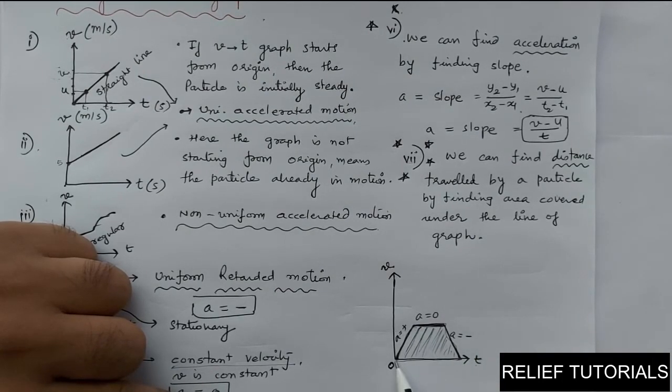Means if you find the area of the trapezium here, you can find the distance traveled by the particle during the whole journey.